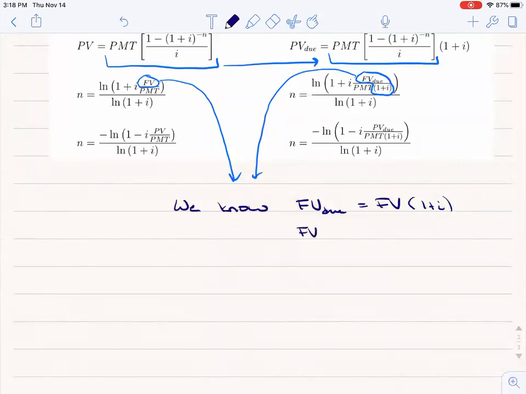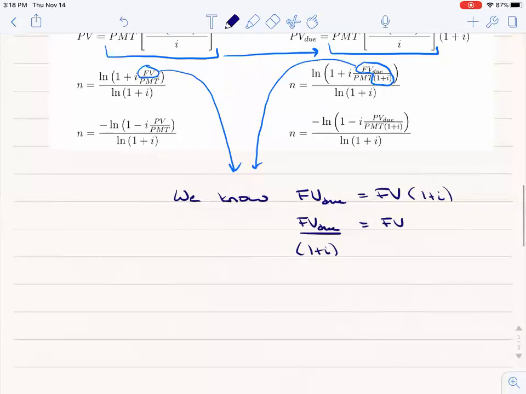The future value due divided by 1 plus i is the future value. So if payments are made at the beginning of each payment period, then we need to swap out all our future values with future value due over 1 plus i, or the present value due over 1 plus i. They behave the same way.